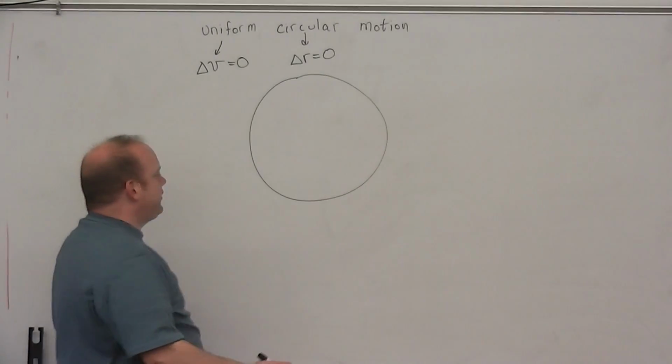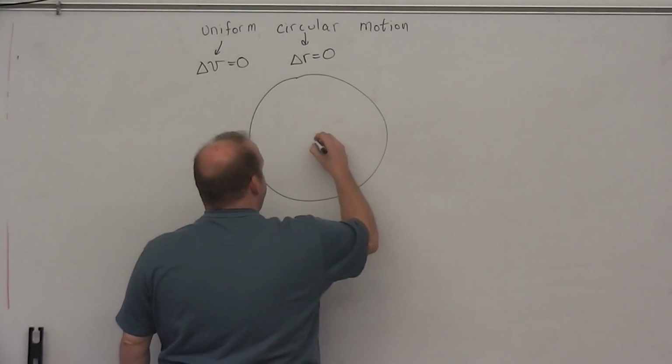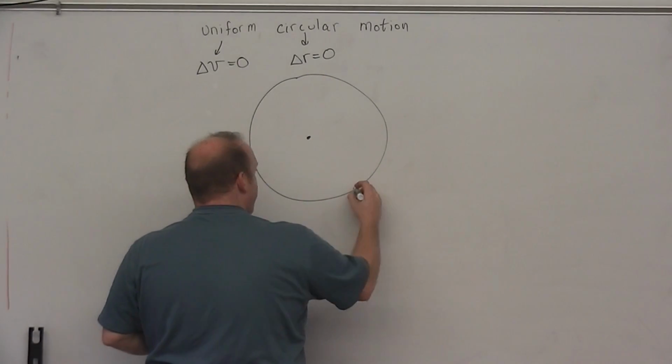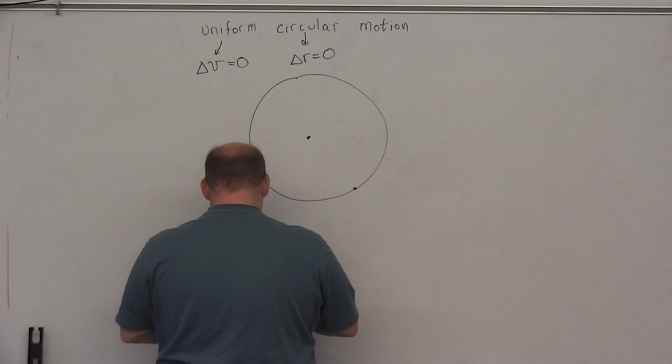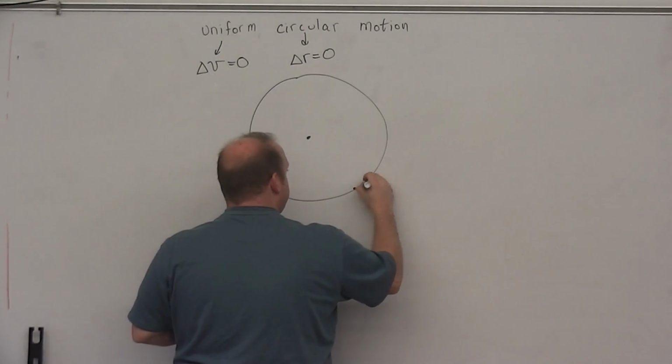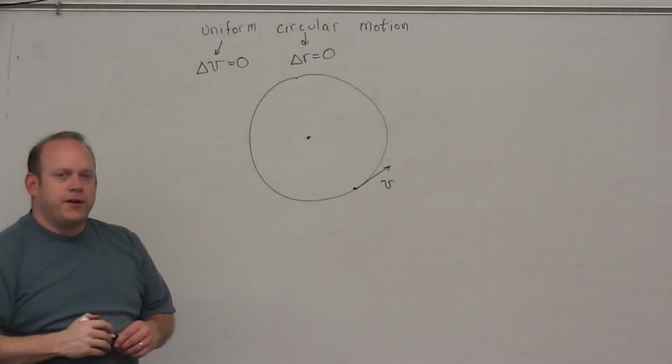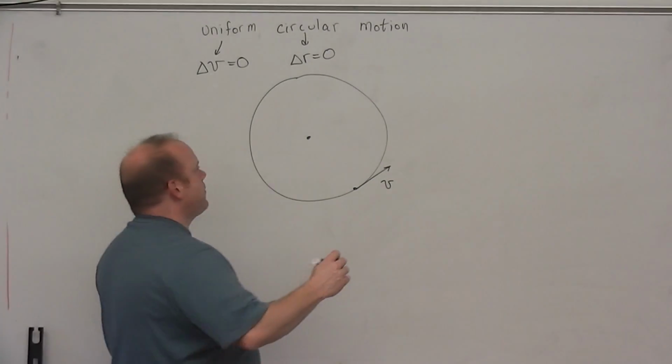Now as something moves around here, this will be right here, this, my vector, and let's just say it's moving in this direction. v always points tangent to the circle.